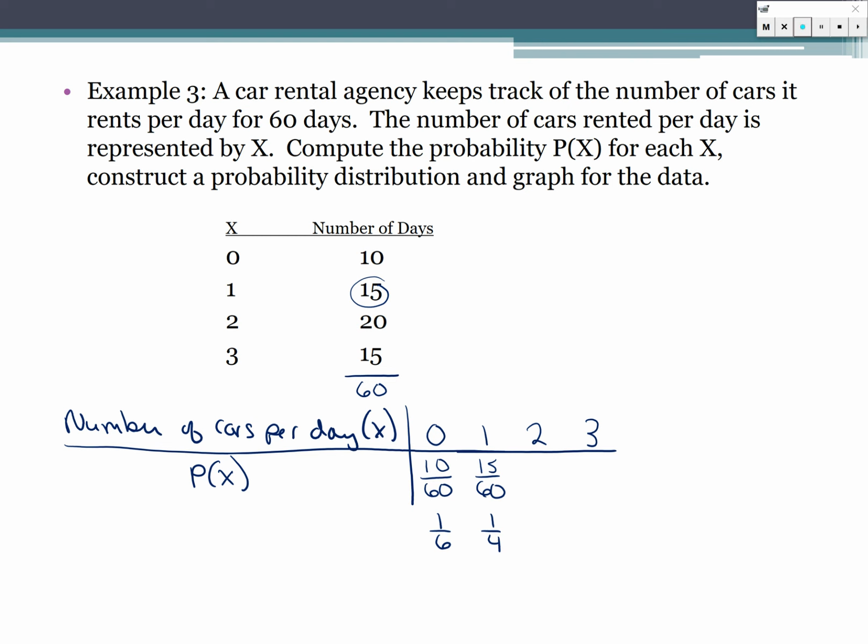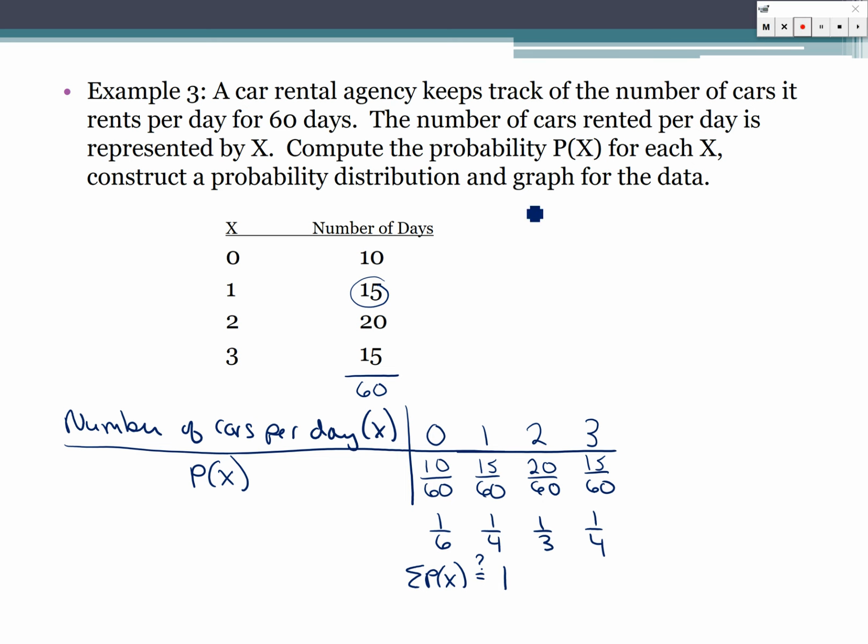For 2 cars, that's 20 days out of the 60, or 1/3. For 3 cars was 15 out of 60, for another 1/4. Double check yourself. If you add those probabilities together, do they total 1? Is the sum 1? You have to make sure you double check that.